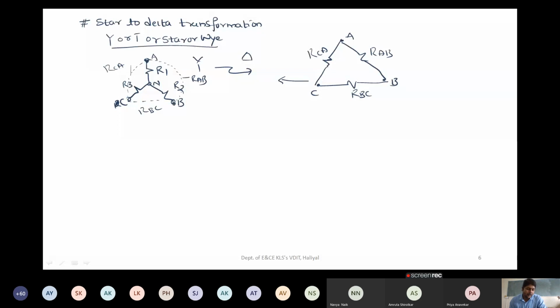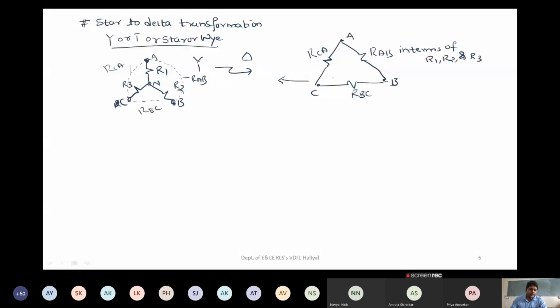We need to define RAB, RBC and RCA in terms of R1, R2 and R3. Each resistor you have to define.